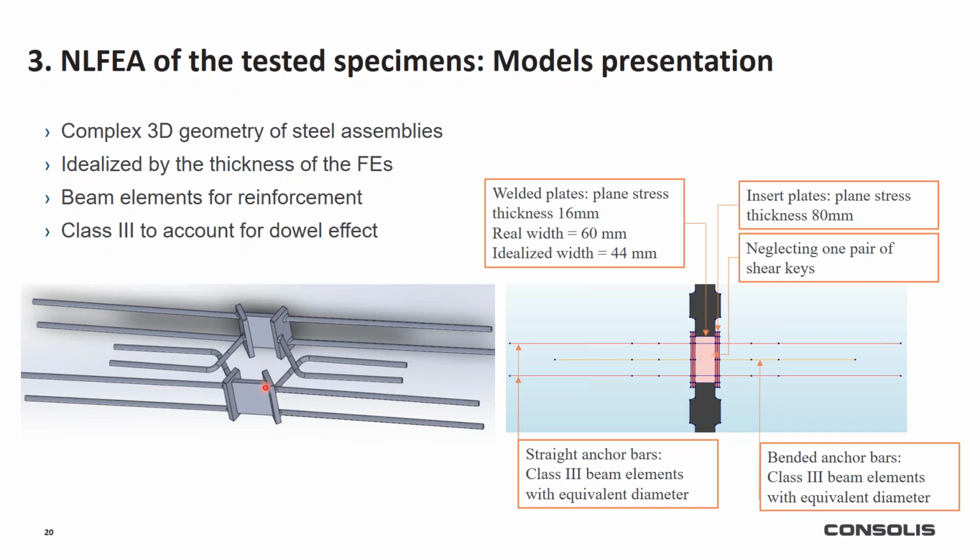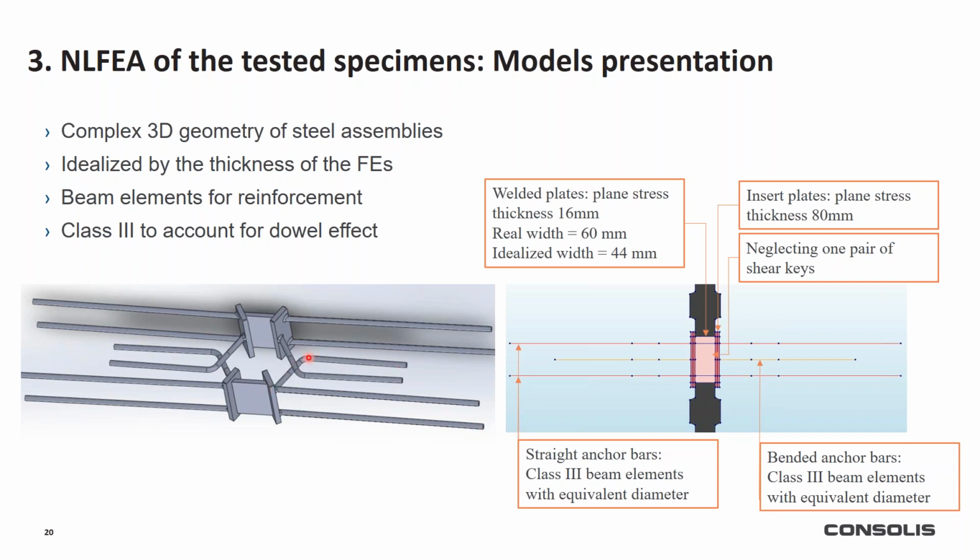The plates that are angled are rotated by 90 degrees and are accounted with this real thickness in the finite element model. For the reinforcement, I used beam elements that can account for the shear deformation, so class 3 beam elements. I defined a circular cross section equivalent to the 2 reinforcements in the same section.